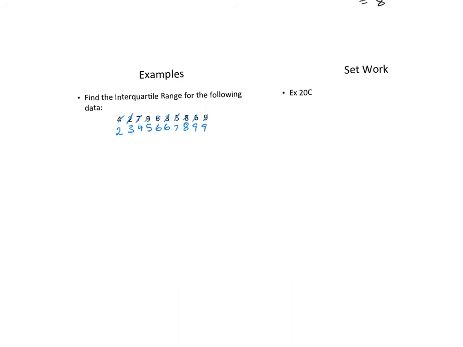Okay, so now, before I can find the quartiles, I absolutely have to find the median. Let's have a look. There are 1, 2, 3, 4, 5, 6, 7, 8, 9, 10 scores. Now remember, the median is the (10 plus 1) over 2 score, which is 11 over 2, which is 5.5. So what does that tell me? That tells me the median is between the 5th and 6th score.